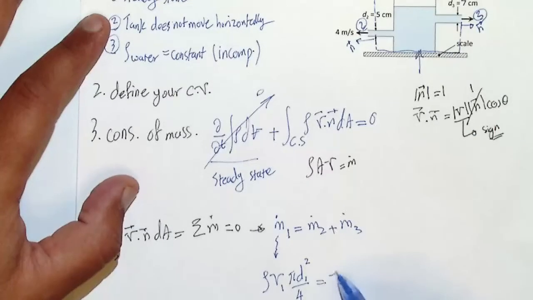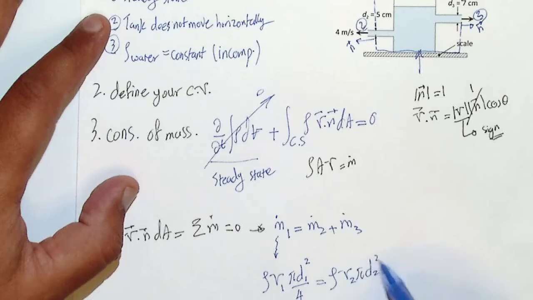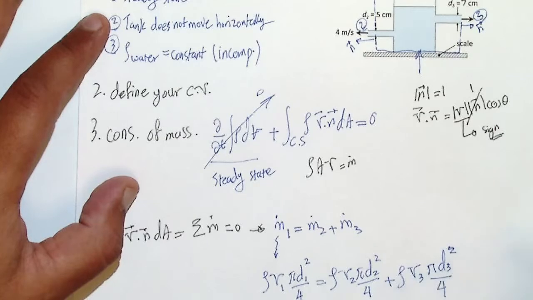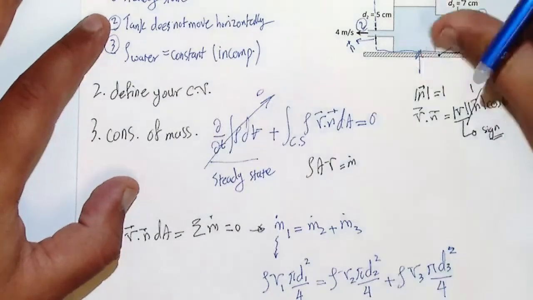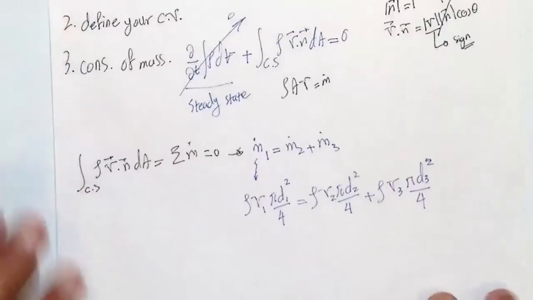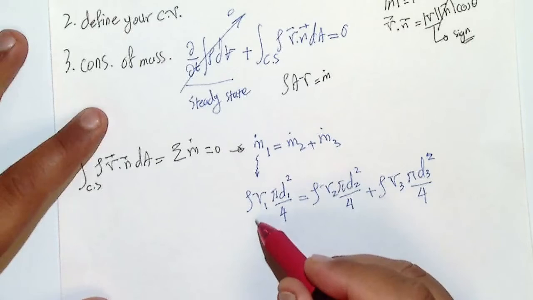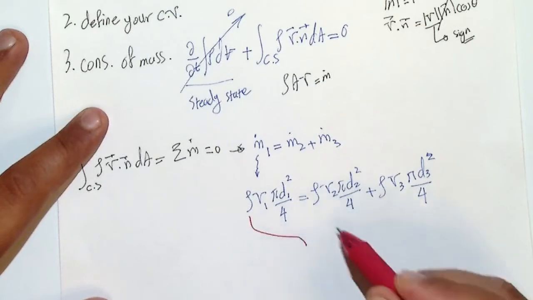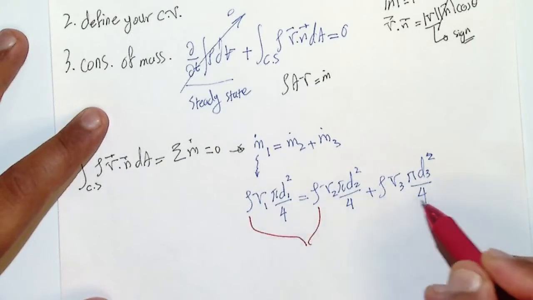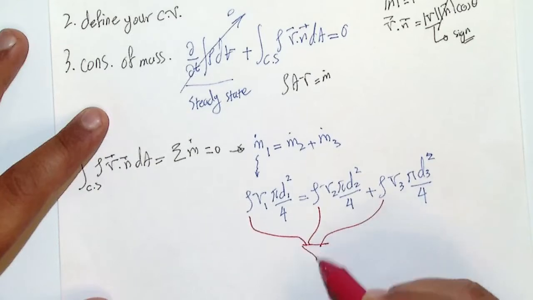It has to be equal to rho V2 pi d2 squared over 4 plus rho V3 pi d3 to the power of 2 over 4, right? These are your areas. But what do we know about rho? We know that rho is constant, right? These are constant.